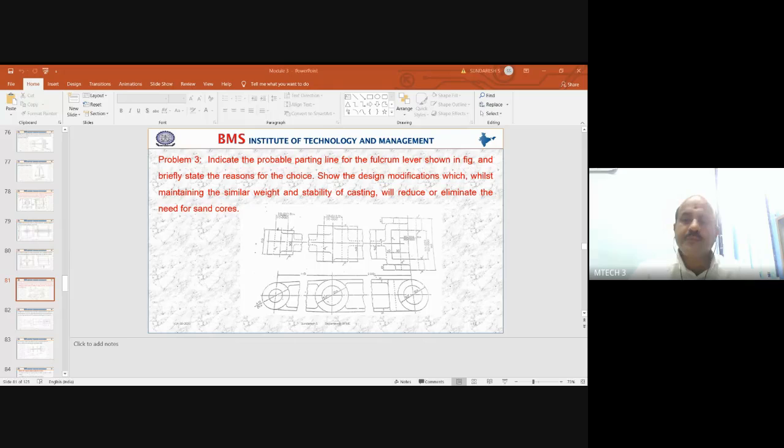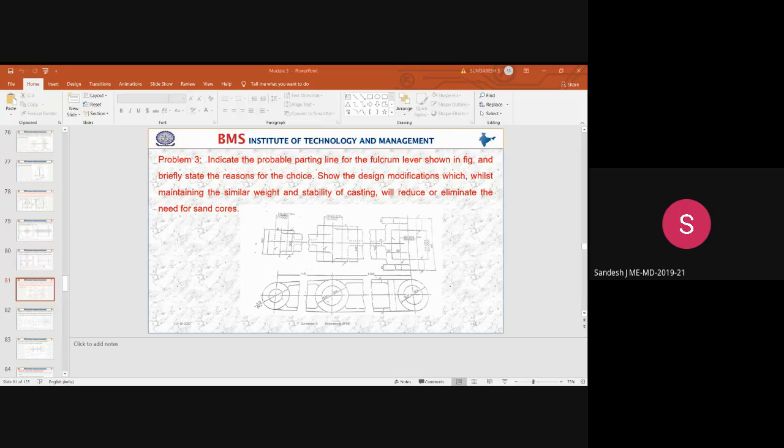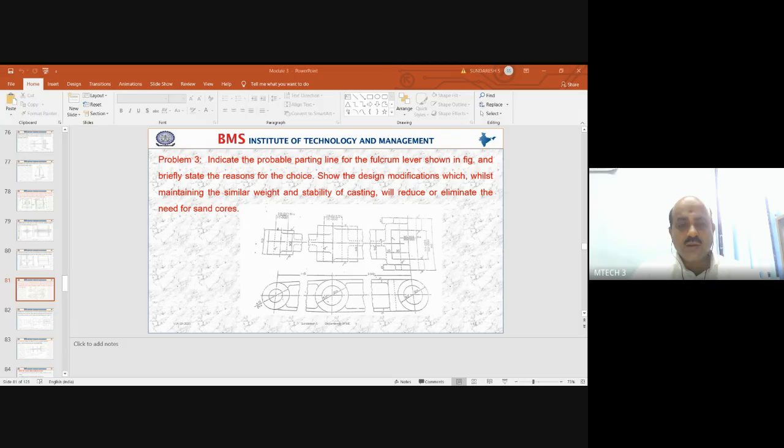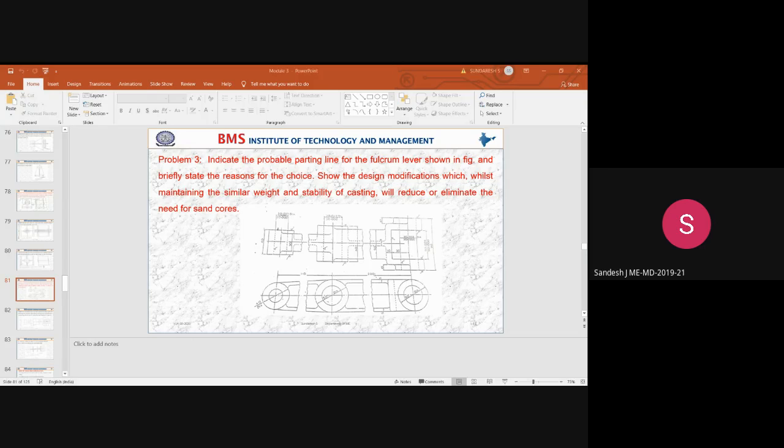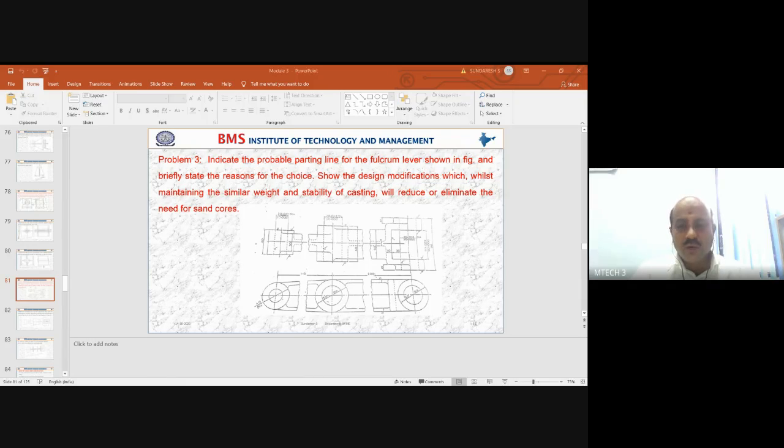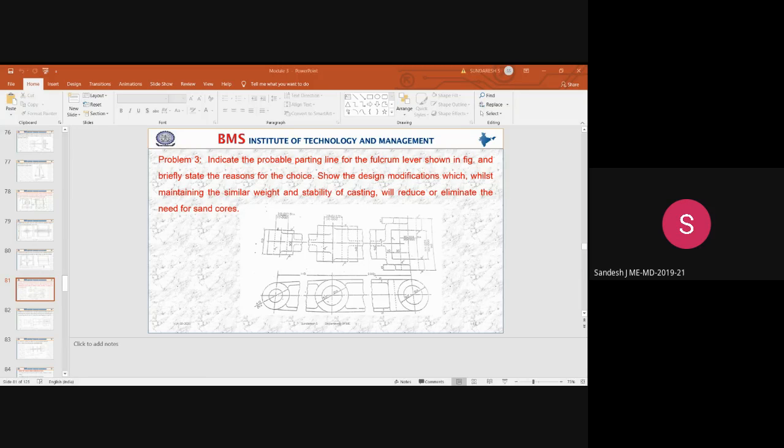Sandesh, did you try? We can see the bottom part now, so we can place the fulcrum lever like that, sir.